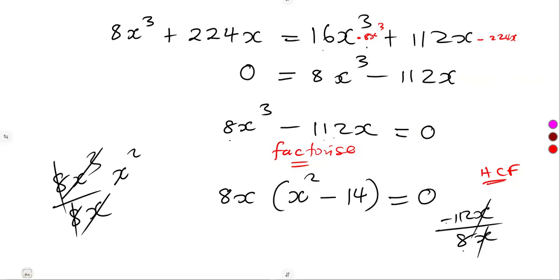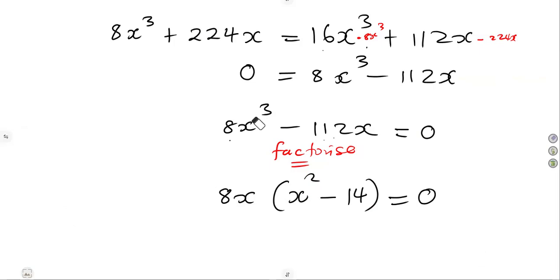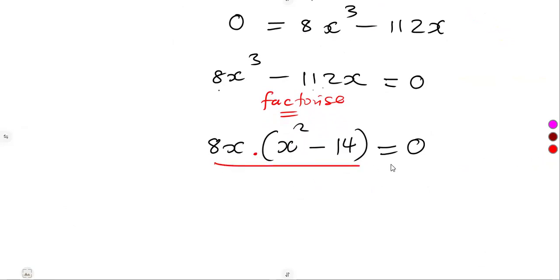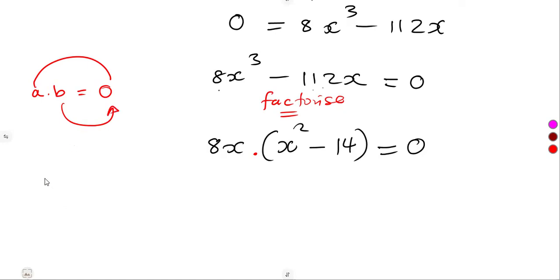So that is equal to 0. So you factor out the highest common factor, then divide each term by the highest common factor. Remember your factorization, so that we have got this concept of the zero product: the product of two to be equal to 0, it means one of these two must be equal to 0.